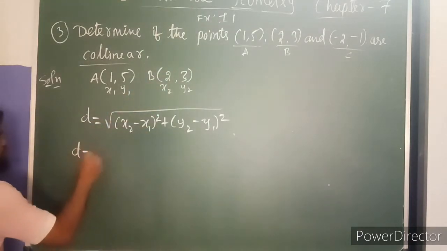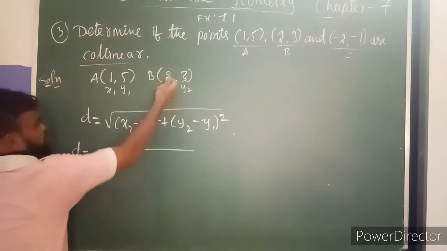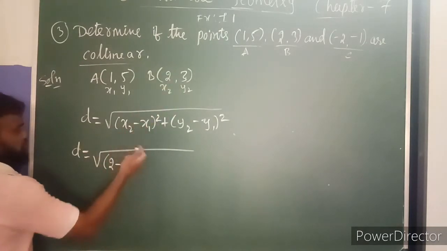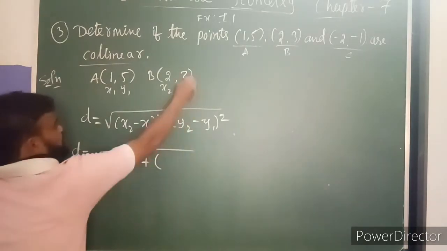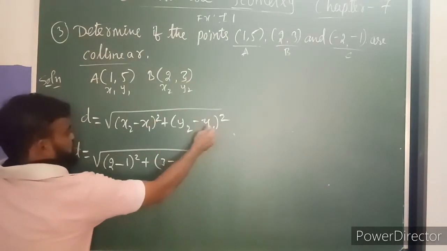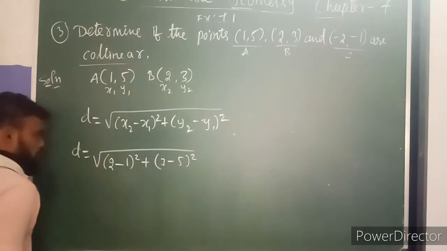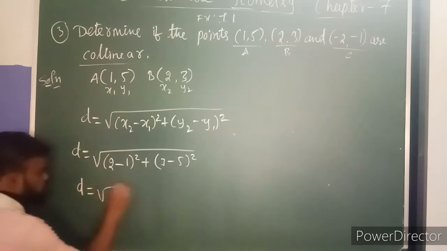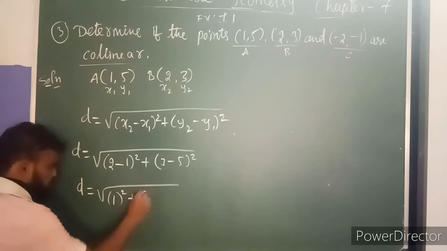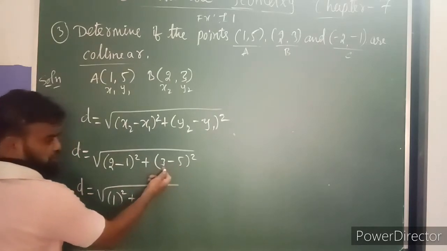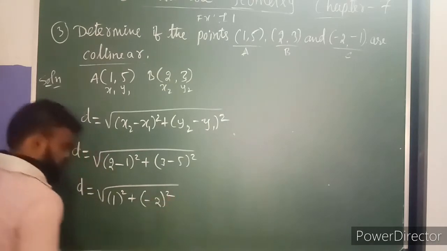So according to the distance formula, x2 minus x1 is 1 whole square plus y2 is 3 minus y1 is 5, that is whole square. And after that, d is equal to 2 minus 1 is 1, that is whole square, plus minus 5 plus 3. We have to subtract, that is 5 minus 3 is 2, that is minus 2, with the bigger value's sign.